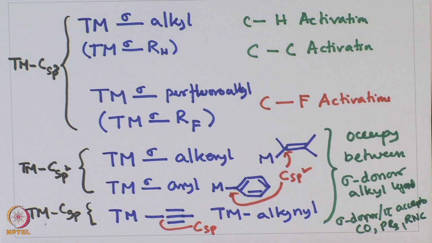In this lecture, we have looked into CF bond activation reactions, and particularly a very nice example of a transition metal catalyzed CF bond activation reaction using molecular hydrogen under rather mild conditions of 95 degrees centigrade and 6 bar of hydrogen pressure, in the presence of a rhodium catalyst that could activate a CF bond of perfluorobenzene and replace it with hydrogen to give C6F5H in a catalytic fashion.